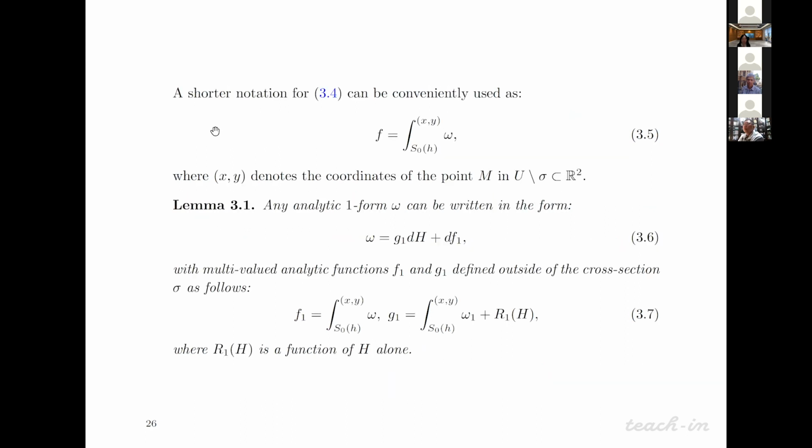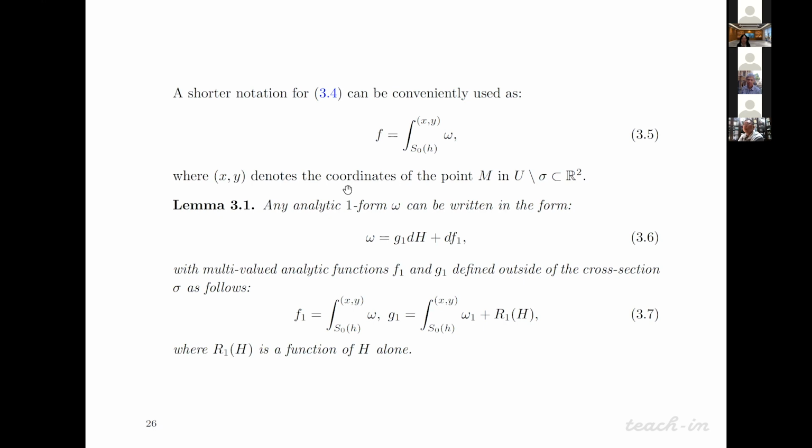And any analytic one-form omega can be written in the form omega equal to g dH plus dF, where this is a multi-valued analytic function.